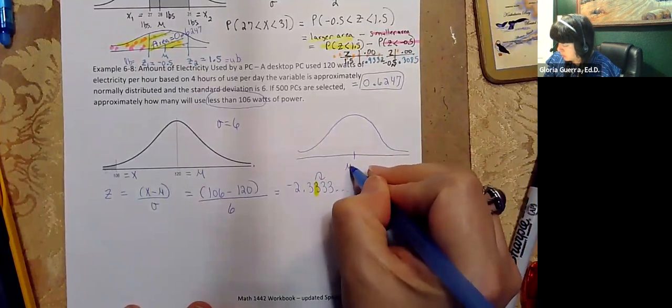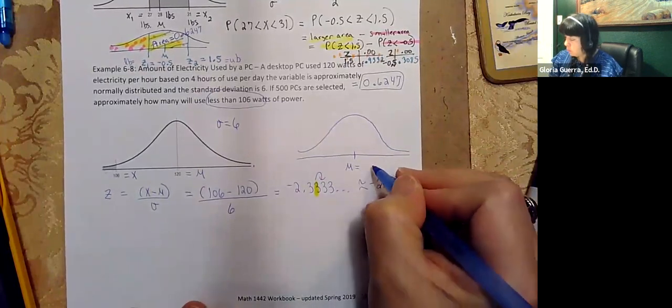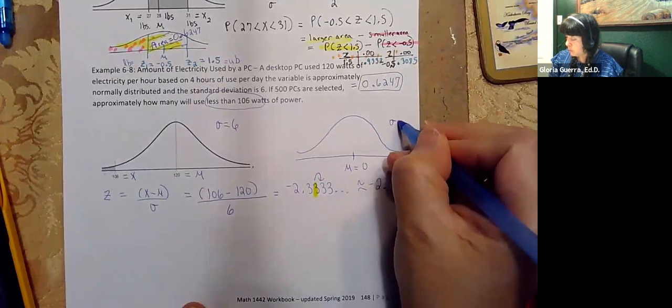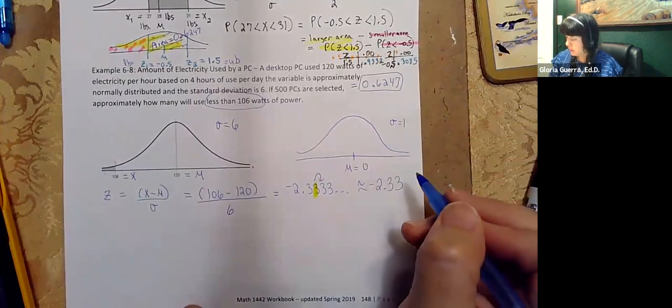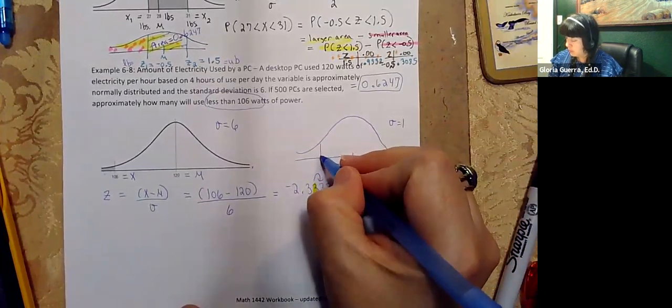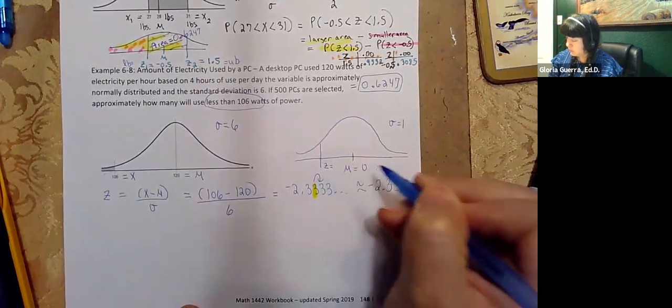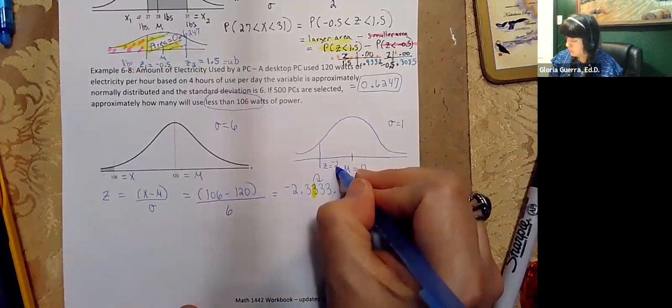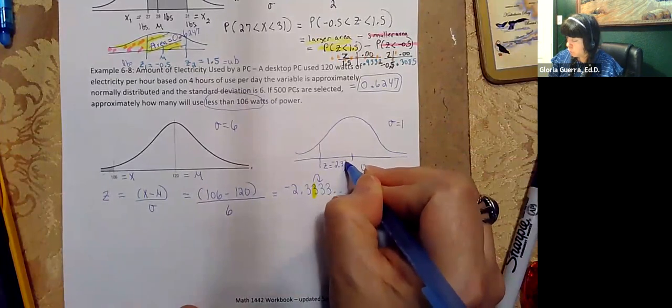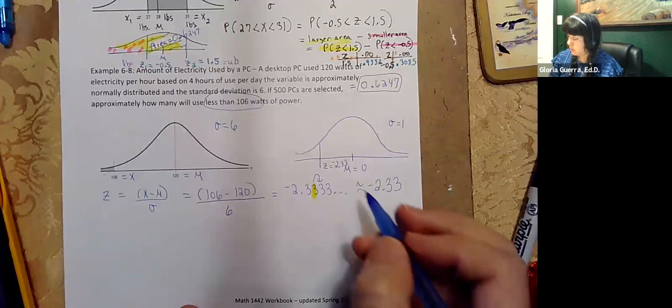Okay. And so now your mean is 0 and your sigma is 1. And then this is kind of looking like this. Now this is your Z, and your Z is negative 2.33.